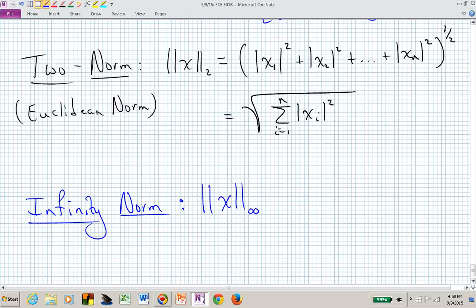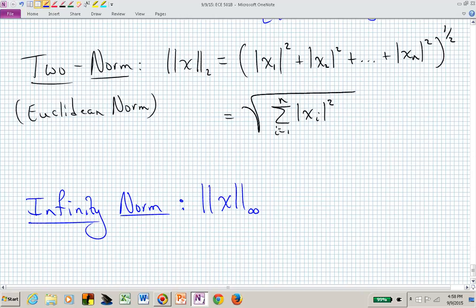It's going to pick off or start to favor the coordinate that has the biggest magnitude, isn't it? Because that one's going to blow up. That's what you're going to be focusing on, the largest coordinate. And that's the infinity norm.